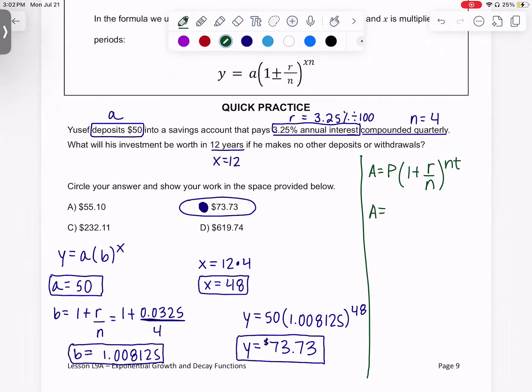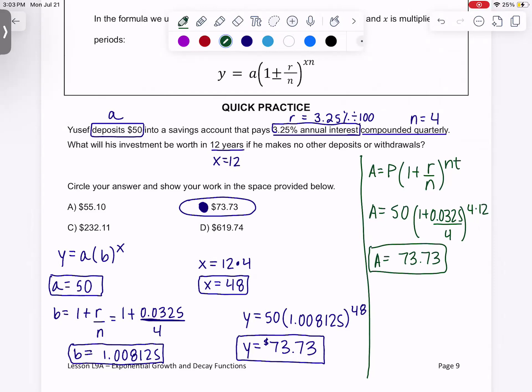The principal is the original amount, $50, 1 plus the rate, 0.0325, divided by 4, to the power of 4 times 12. Type that all into decimals and you'll get the same answer, 73.73.